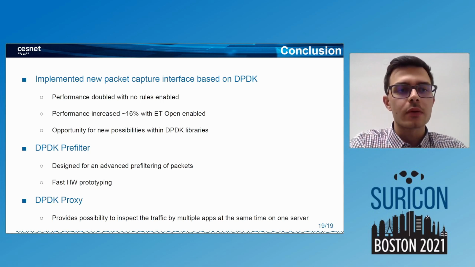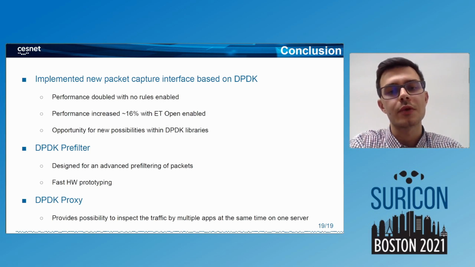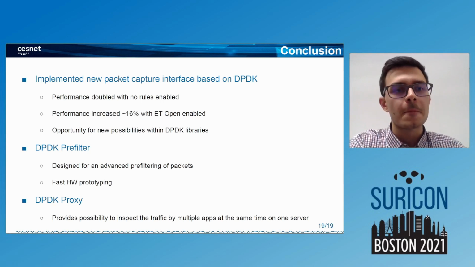Now, the DPDK prefilter is designed for advanced prefiltering of packets to also accelerate Suricata and make use of hardware offloads, possibly, but it can also serve for fast hardware prototyping because it's a separate application from Suricata. So it defines clear boundaries between the prefilter and Suricata itself.